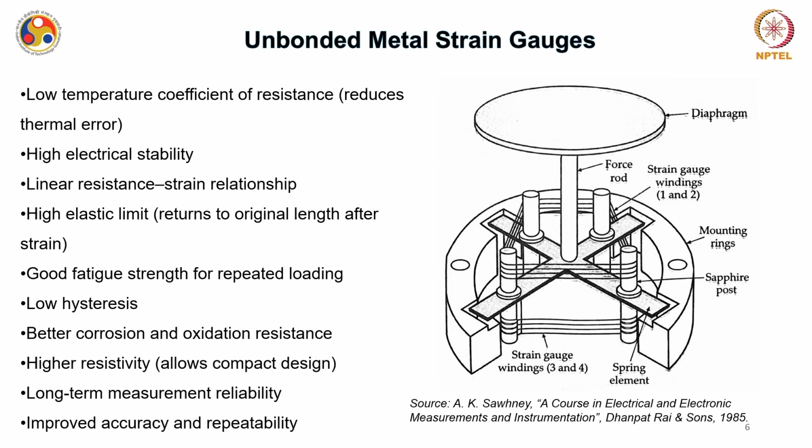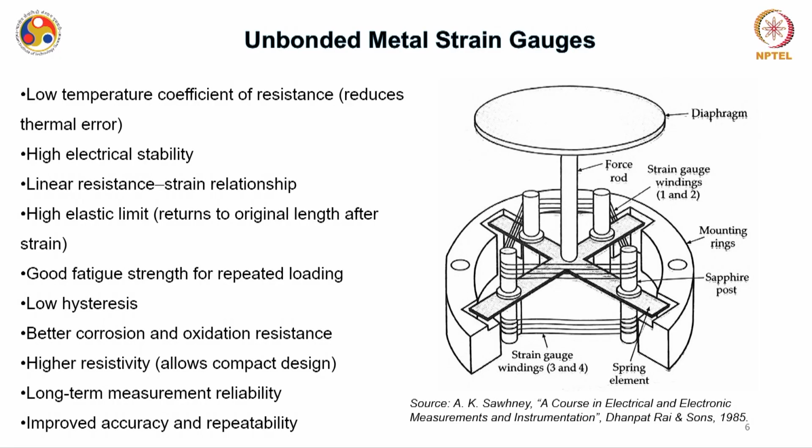You have high electrical stability associated with these alloys, and most important for the unbonded metal strain gauge is the linear relationship between the resistance and the strain. For these alloys you have a perfect or near perfect linear relationship between resistance and strain, and that's why they are preferred over their metal counterparts.